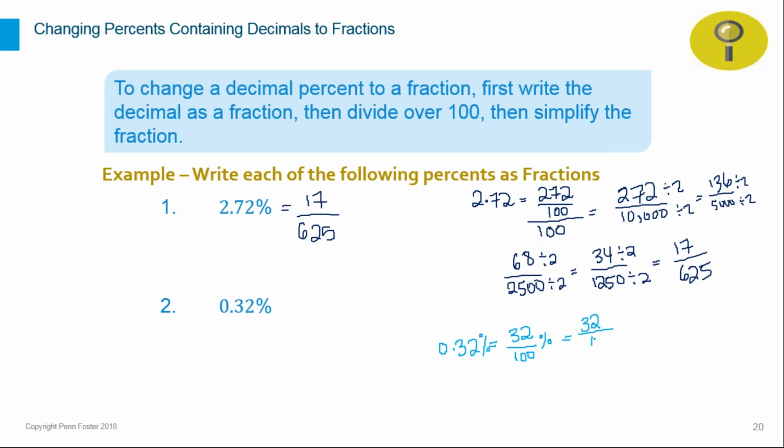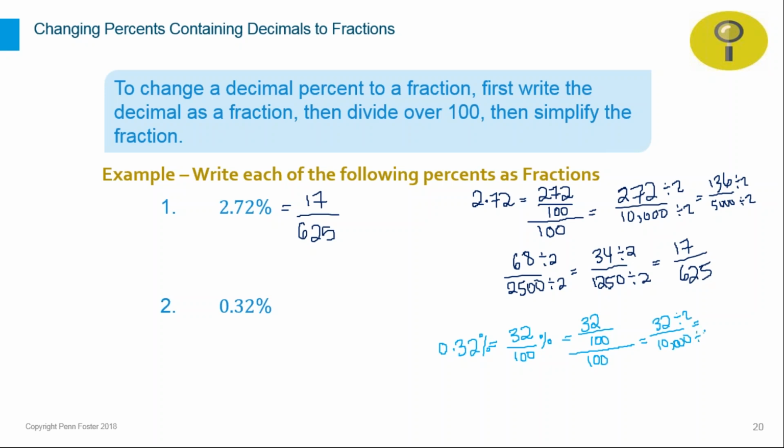Now I'm going to divide by another 100 to get rid of the percent sign. So that big denominator is for the percent sign, to get rid of it. So now we have 32 over 10,000. And then you're going to simplify by dividing over 2.